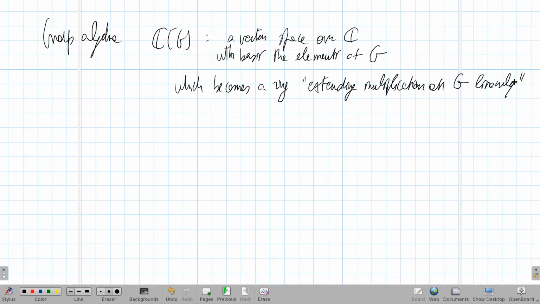Actually, I defined originally the group algebra via the convolution product, but informally, if you have two elements of the group algebra, these are linear combinations like this.